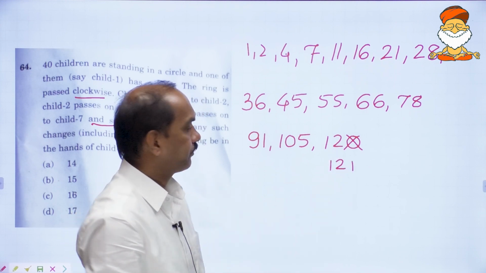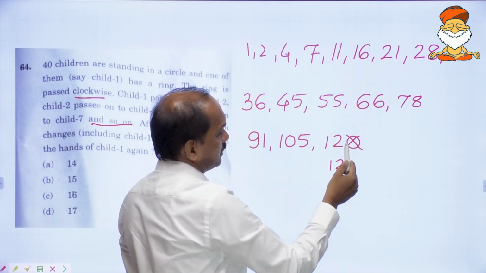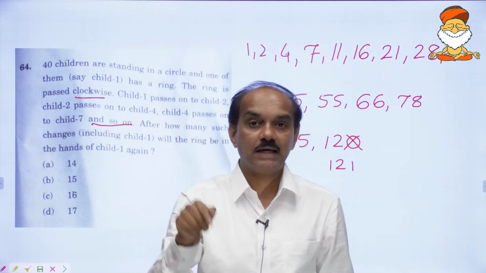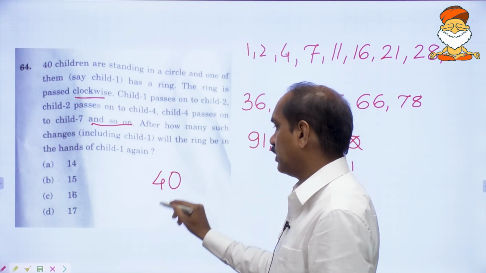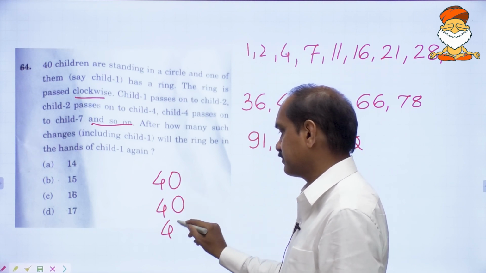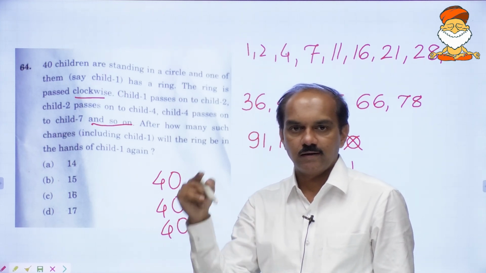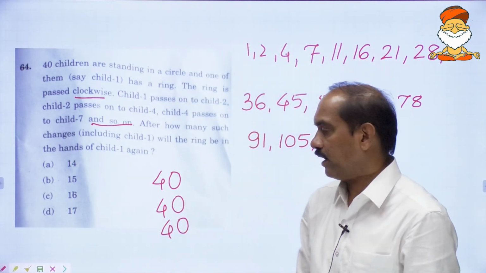I hope this is clear. We have missed only 1 here. It only means this will become 121. What do you mean by 121? 121 means the very first one, because there are only 3 rounds: 40, 40, 40, 120. 121 means it is again back to the very first child.